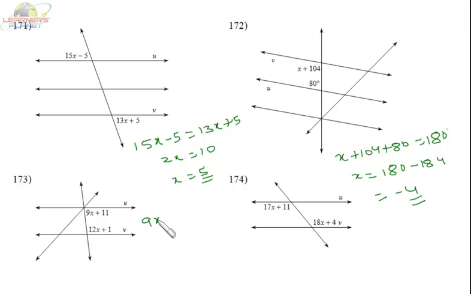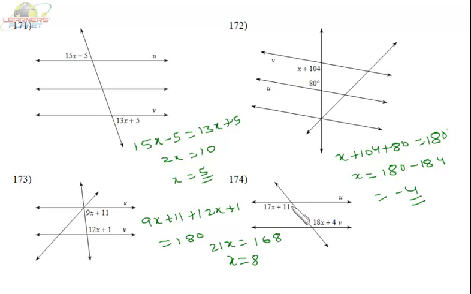So just write... so 12 plus 9, 21x is equal to 180 minus 12, or we can say 168, or x is equal to 8.